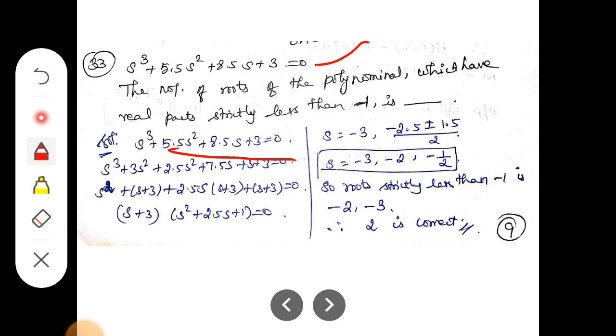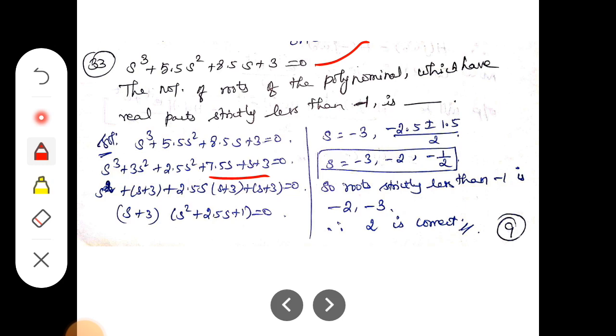For clarification we rewrite it as s cube plus 3 s square plus 2.5 s square, and similarly 8.5 s is rewritten as 7.5 s plus 1 s. Then we take s square common, so s square into s plus 3, and similarly 2.5 s into s plus 3, and so on.